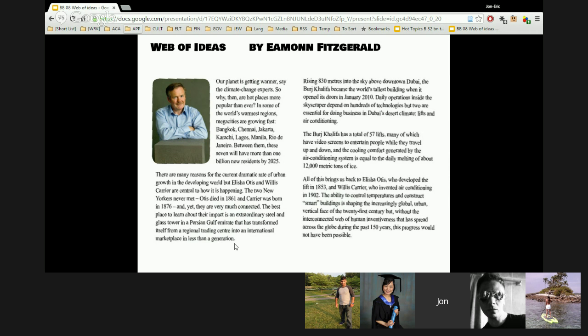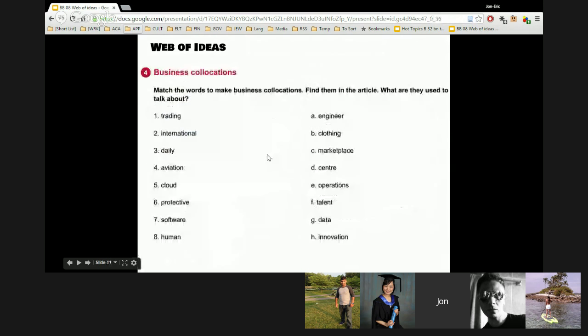Okay, so trading center is one of these collocations. That means word pattern, a trading center. And they're talking about the Burj Khalifa, the tallest building in the world. So trading center is the first collocation. What about number two? What do you think is the best match?